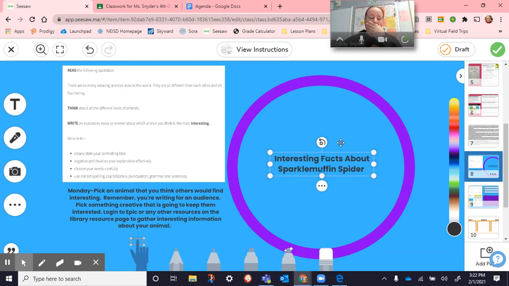Now, this is not opinions. These are specifically facts. So you're not going to put, oh, the sparkle muffin spider is the cutest spider out of all of them. That's an opinion. Go and find actual facts, and those are going to be added in later to our body.